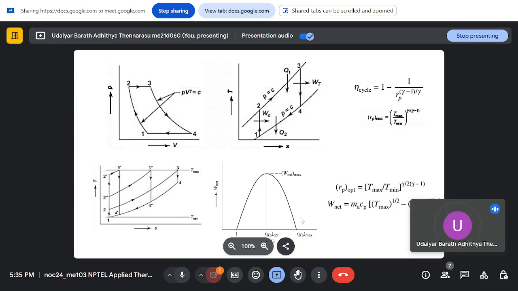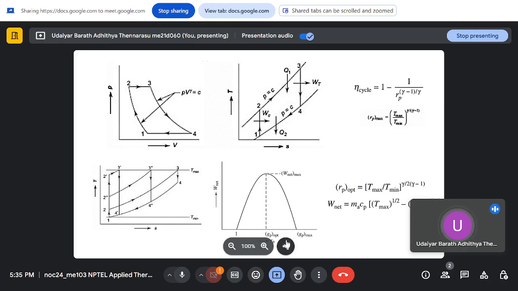And when you are having maximum pressure ratio, again your compressor will have the volumetric efficiency become 0, and there will be no work generated.